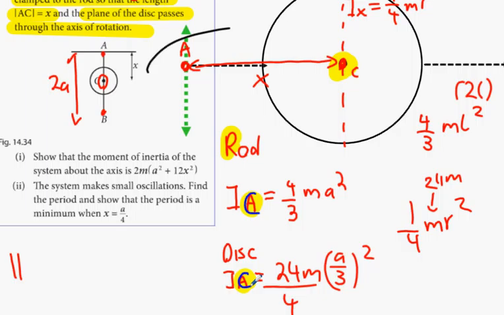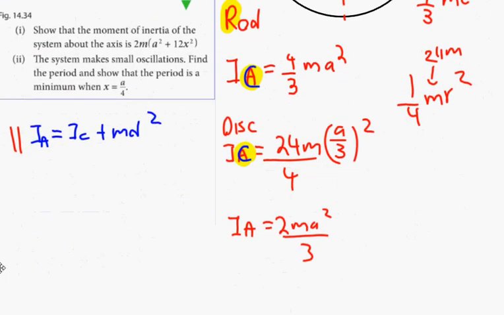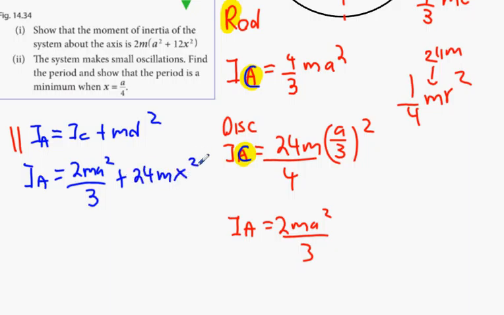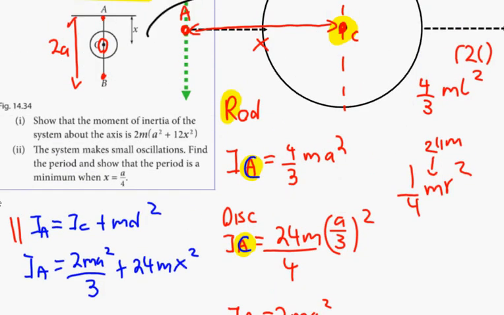Now we've got to do the parallel axis theorem where IA equals IC plus MD squared. IA is its inertia about A. Its IC value is 2 MA squared over 3. Its MD squared value is 24 MX squared. Please remember that it's a distance x away from IA.